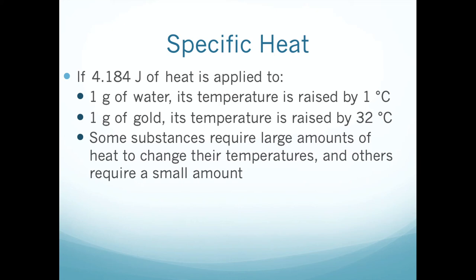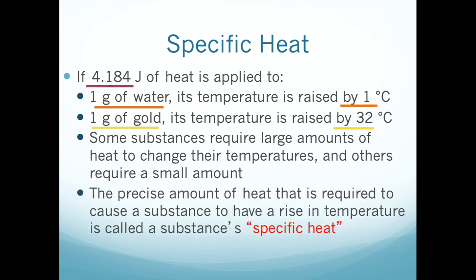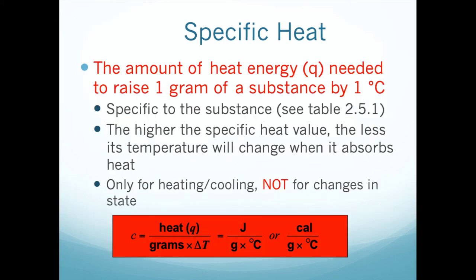The property of the material that controls this is what we call specific heat capacity. If we were to define this, we're relating the amount of heat, sometimes represented with the letter Q, and dividing it by the mass of the material in question and the change in temperature, because that's what this heat is going to do.